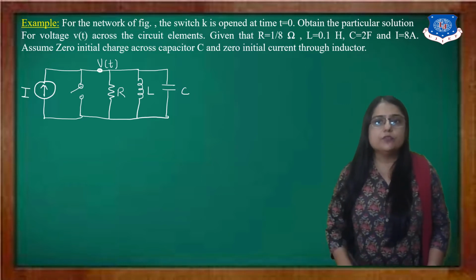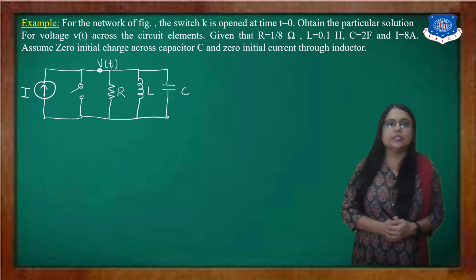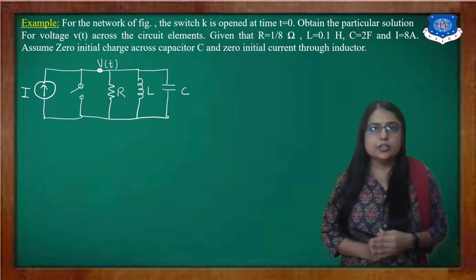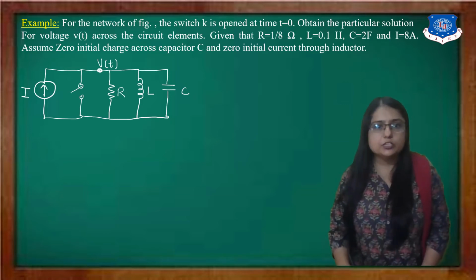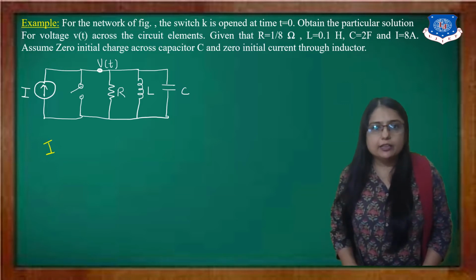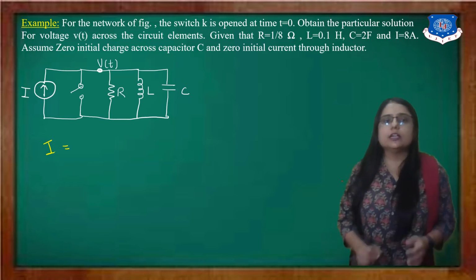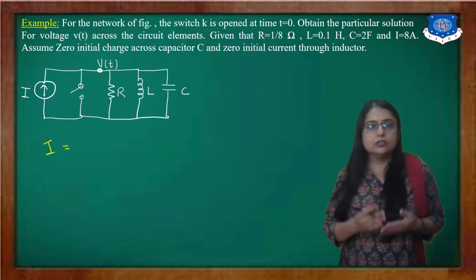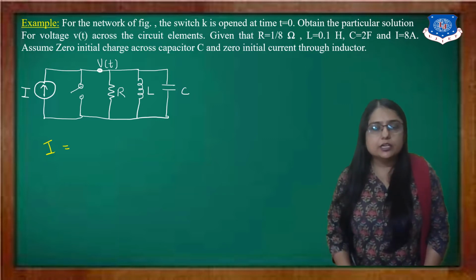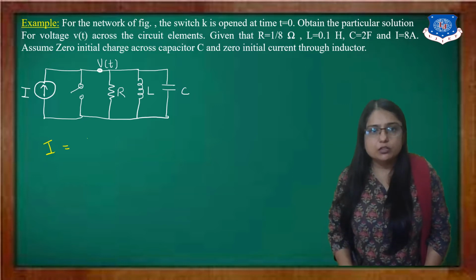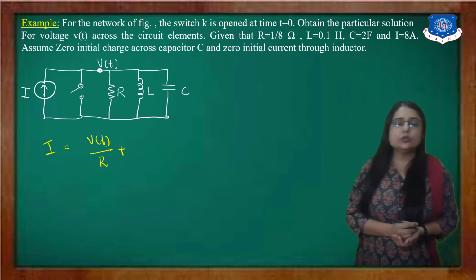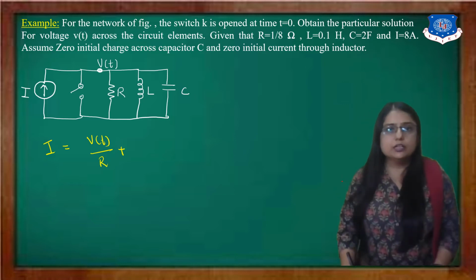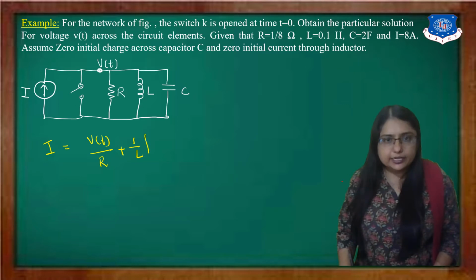First of all, we will write the differential equation. Here we are interested in finding the voltage, so the equation becomes i equal to the current. R, L and C are connected in parallel. The current through the resistor is v of t divided by R, plus the current through the inductor, which is 1 by L integration of v of t dt.